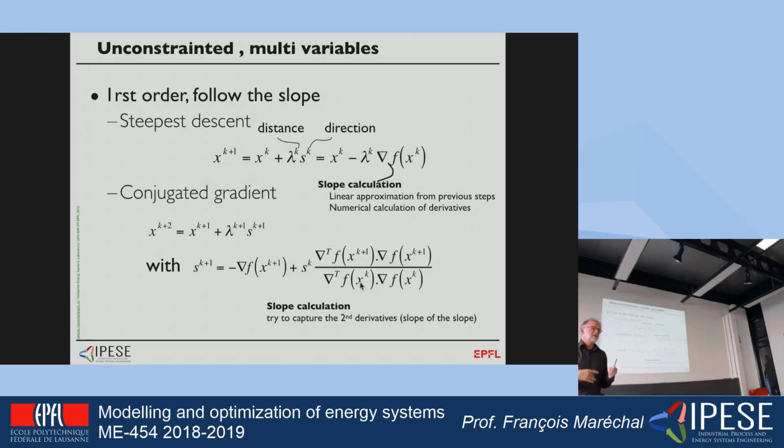And in this case, that's the technique of the conjugate gradient, I will be able to approximate the shape of the search space in such a way that I will go faster towards finding the optimum. Okay?